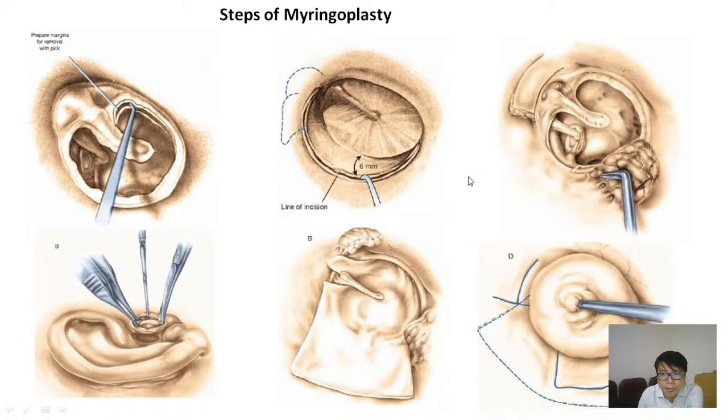In the overlay, we elevate the tympanomeatal flap over the annulus, place the graft, and whatever skin is there, we place it back over the graft. To support this from inside and outside, in the middle ear we have to put some gel foam, and outside too we have to put some gel foam so that the graft is stabilized.